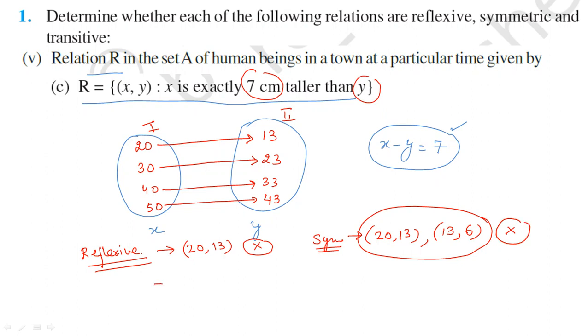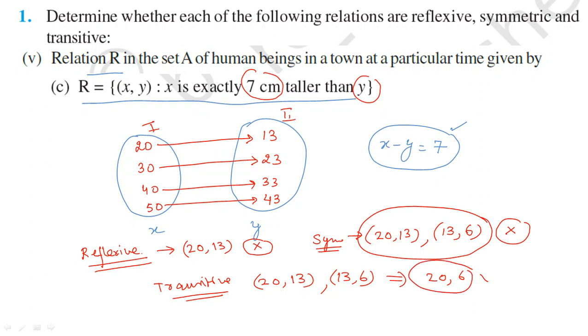What about the third category? That is transitive. If I insert 20, answer is equal to 13. If I insert 13, answer is equal to 6. Now, implies that if I insert 20, answer should be equal to 6.